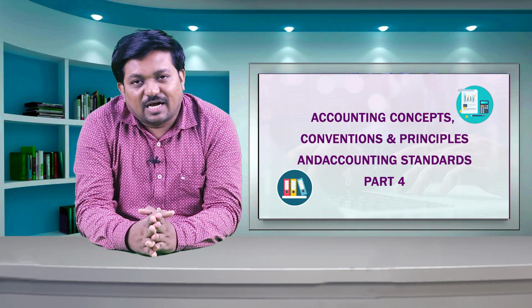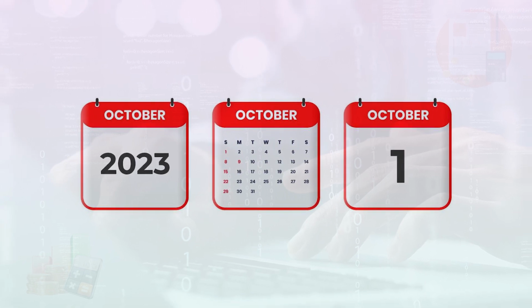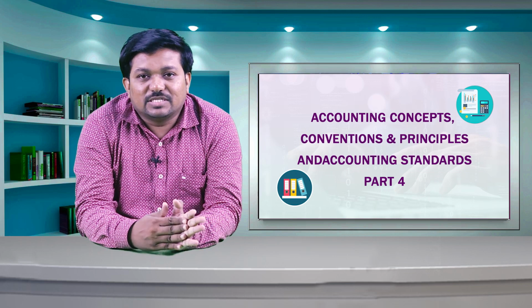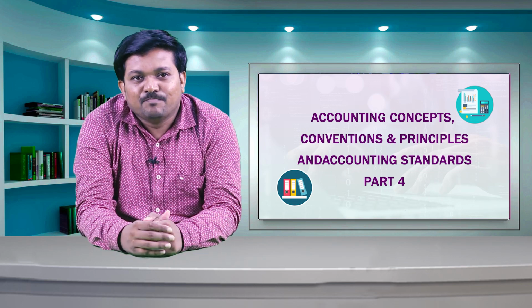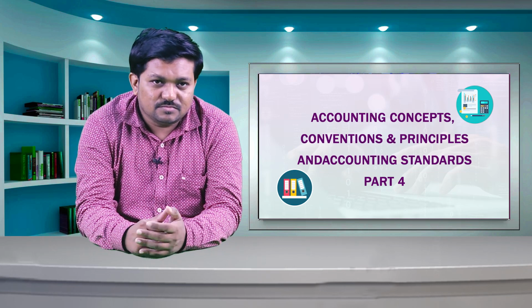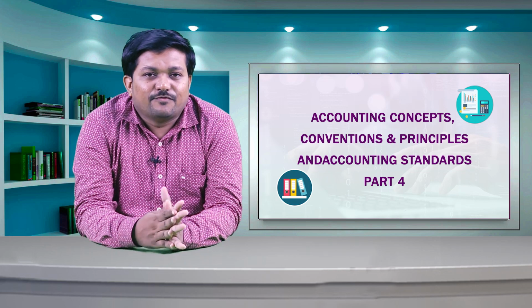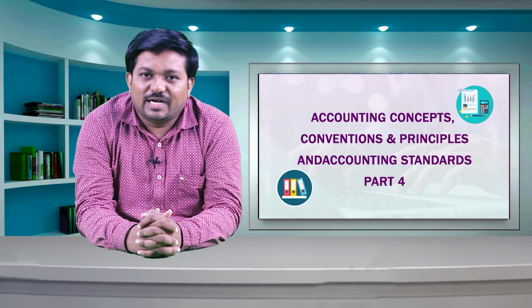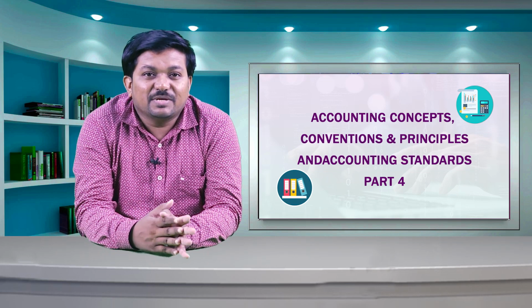When Shri Prakash joined on 1st October 2023, the whole salary for 9 months, that is from 1st January 2023 to 30th September 2023, was paid to him. In this case, 3 months salary, that is from 1st January 2023 to 31st March 2023, of rupees 45,000 is a prior period expense.